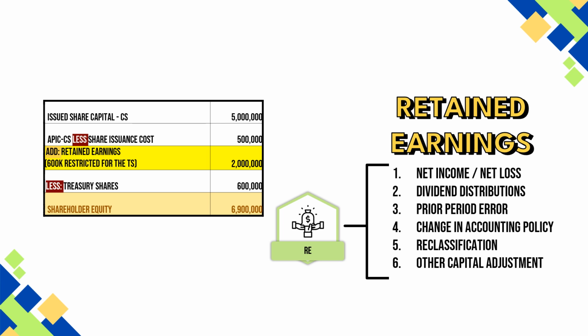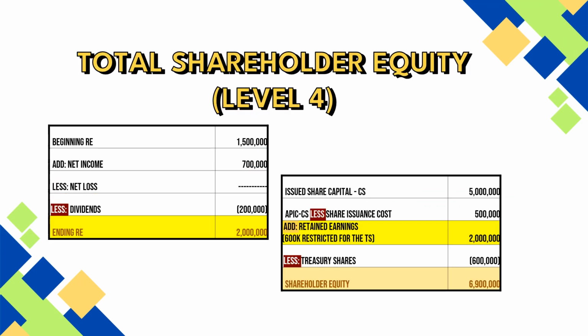The only kind of complexity I want you to master would be dividends distribution. So, the idea here is that this is the level 4 and the final level of our shareholder equity. So, ito yung level 3 natin. Level 4 is just understanding how you arrive with your retained earnings.